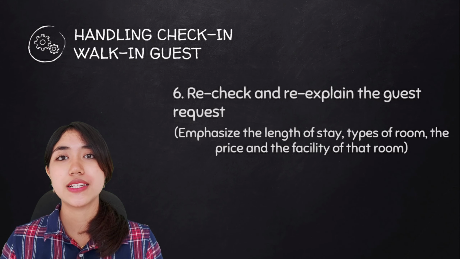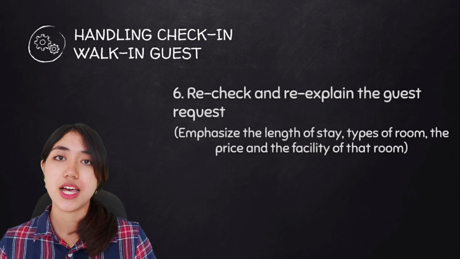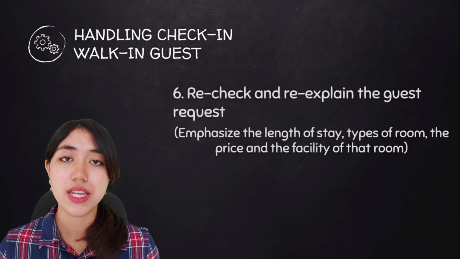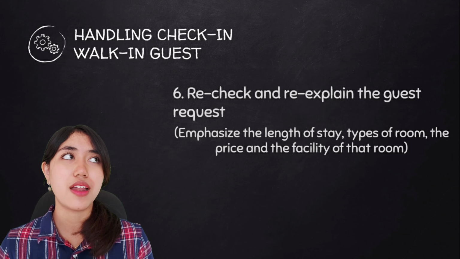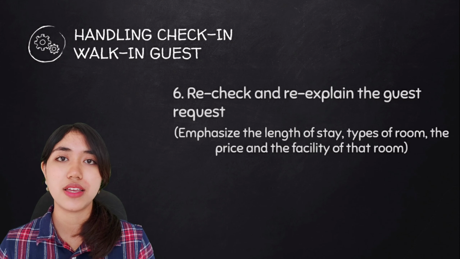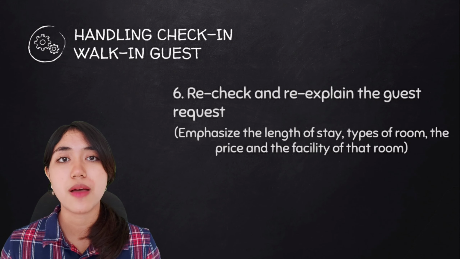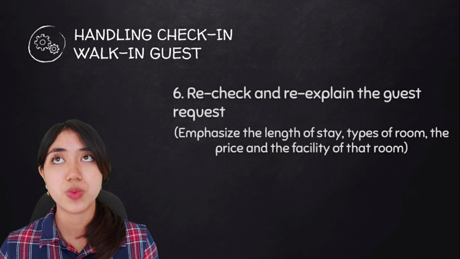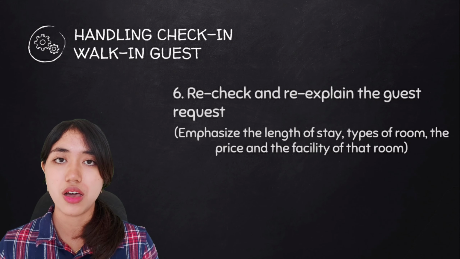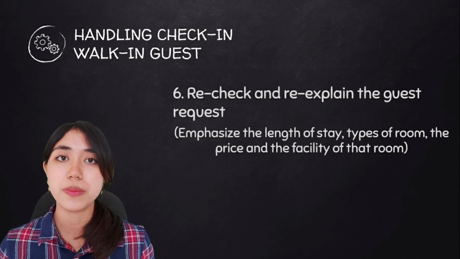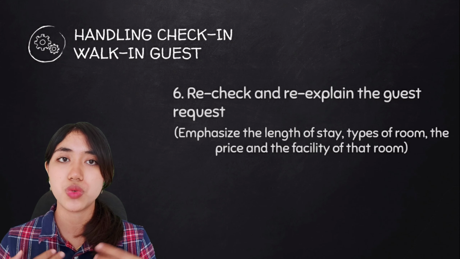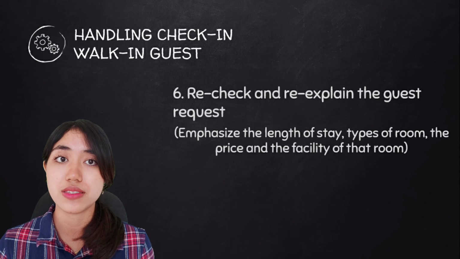And the next step is to recheck and re-explain the guest request. After finishing completing the letter, the front office staff will recheck and re-explain the reservation letter to make it clear between the guest and the hotel staff.